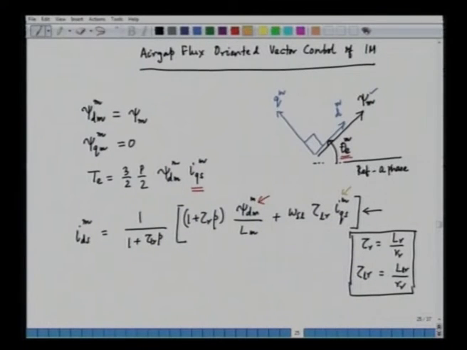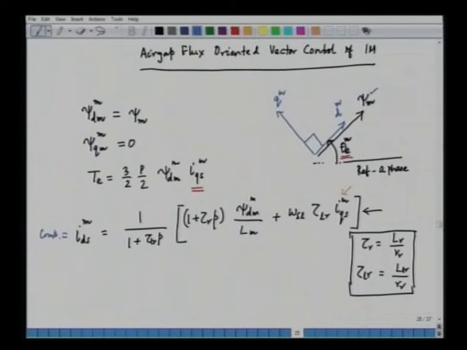Although there is no inherent decoupling, if you do not take care, suppose we assume that IDS is constant, and we go on changing IQS.